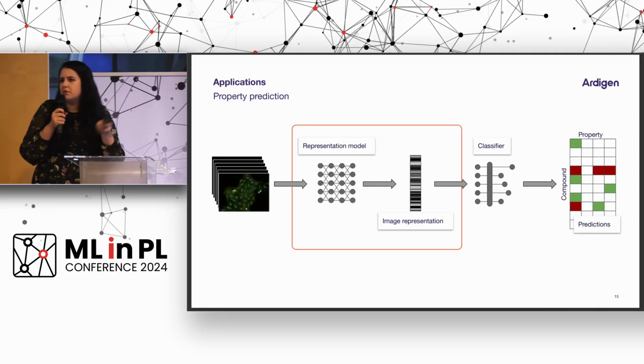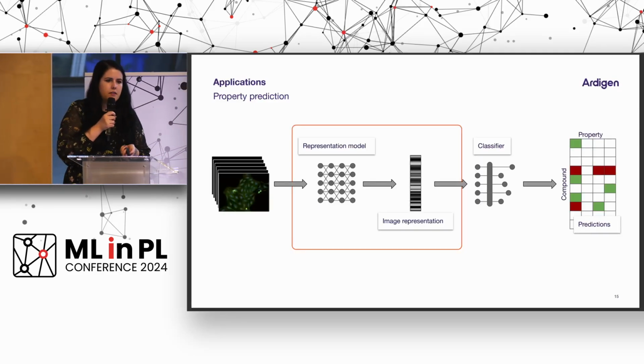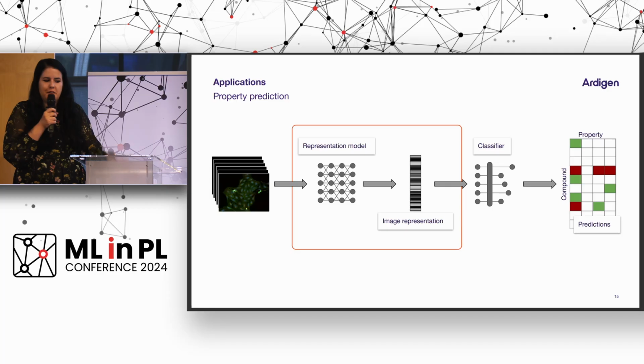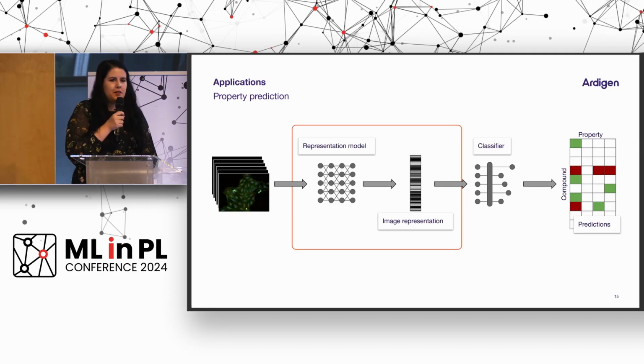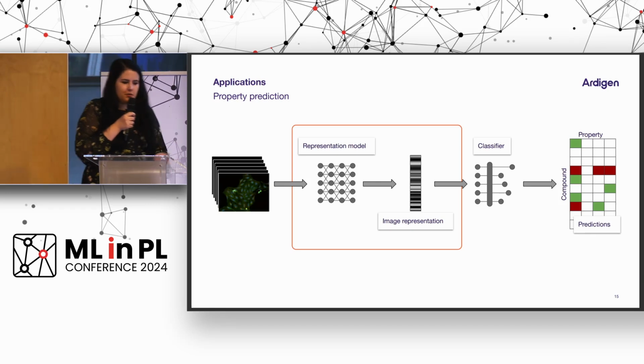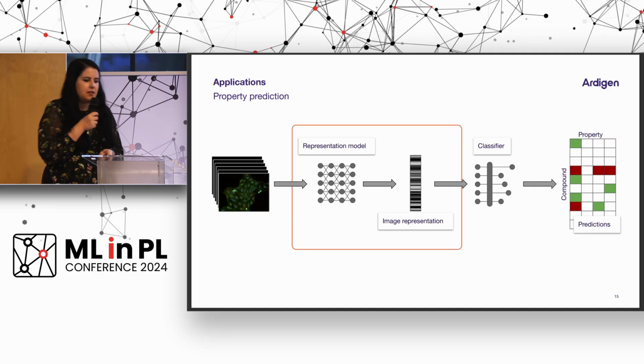However, training the representation model is rather challenging, because if we cannot ourselves say everything about the cell, we cannot even measure everything when we are evaluating those models. So they need to be evaluated on their performance on the tasks.